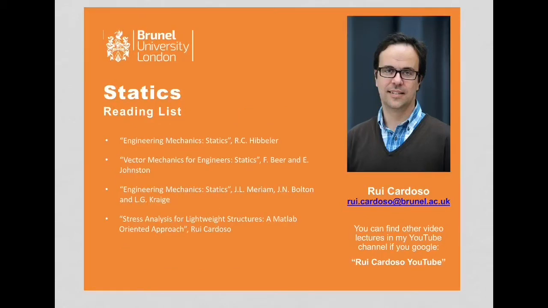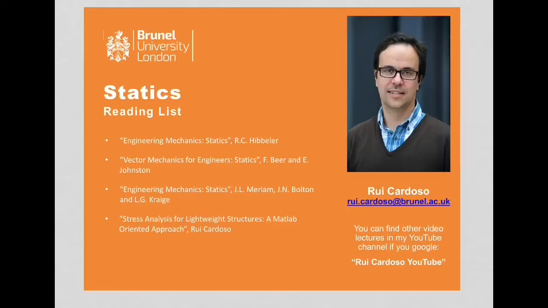I would like also to say that all the examples I will be doing in these lectures and tutorials, not all of them, but many of them, were taken from these recommended books I have listed here in this slide. So Engineering Mechanics Statics from Hibbeler, or Vector Mechanics for Engineers, Statics from Beer and Johnston, Engineering Mechanics Statics from Meriam, Bolton and Craig, and also from my own book, Stress Analysis for Lightweight Structures, a MATLAB-oriented approach.